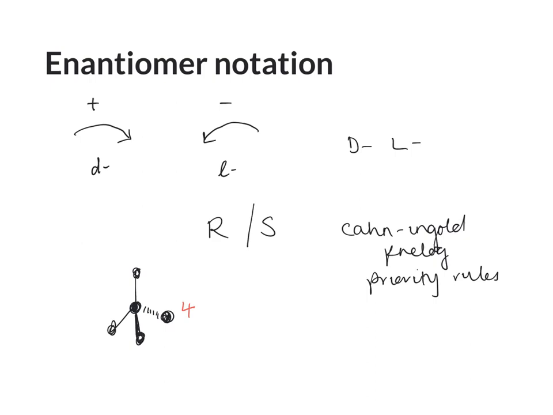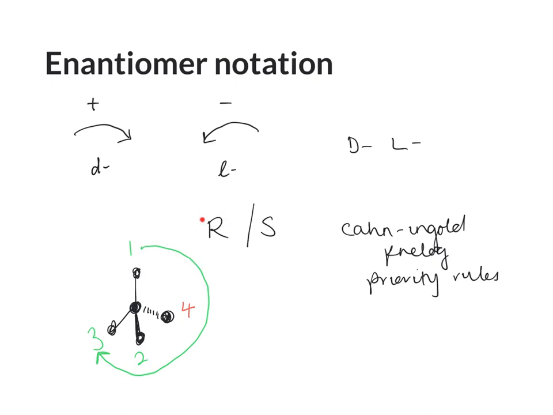Then if you orientate the molecule so that priority number 4 is pointing away from you, and list the priorities for the other 3 as well, then going from 1 to 2 to 3, you look at which direction you would go around the molecule. So in this case, 1 to 2 to 3 goes that way. So it goes off to the right.